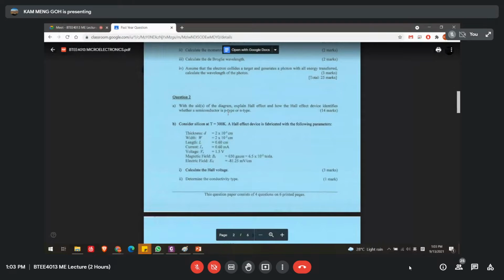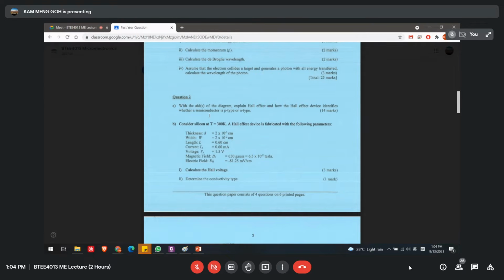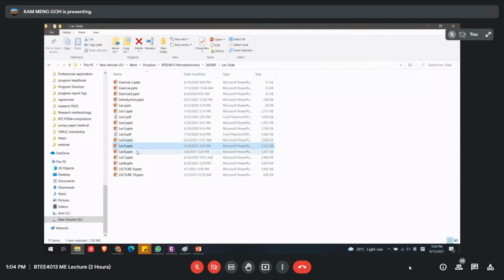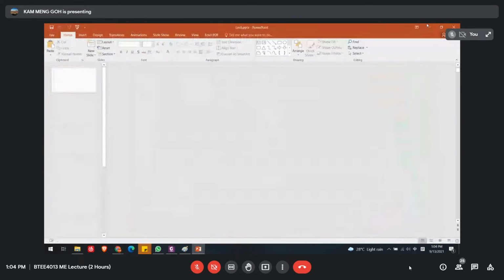With the aid of a diagram, explain the Hall effect and how the Hall effect device identifies whether the semiconductor is a p-type or an n-type. This one carries 14 marks. To answer this question, you need to draw the diagram of the Hall effect device.